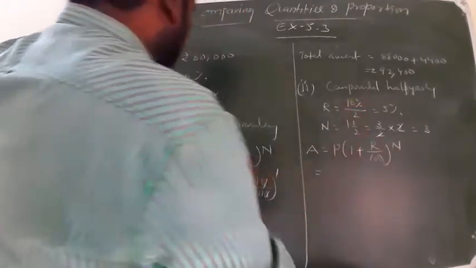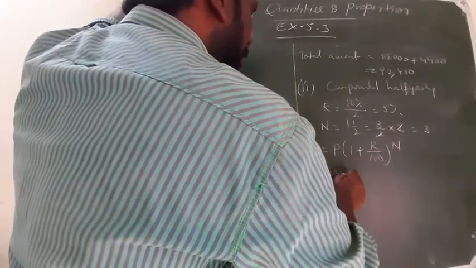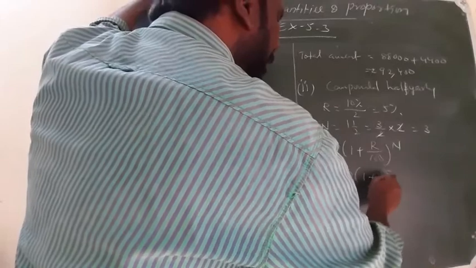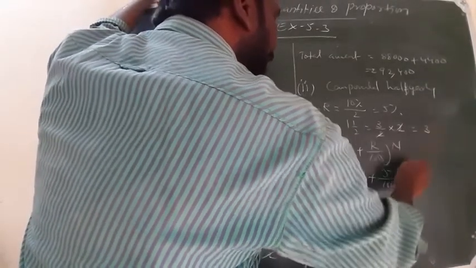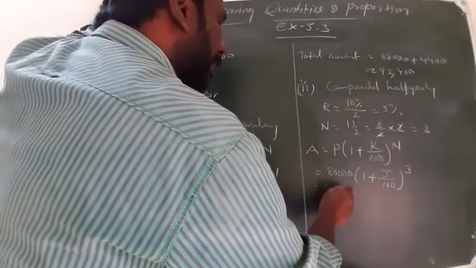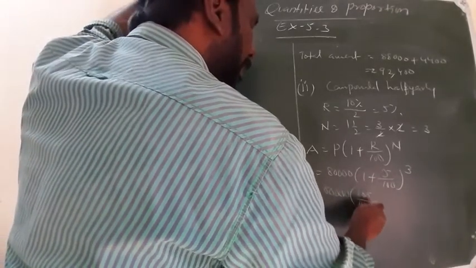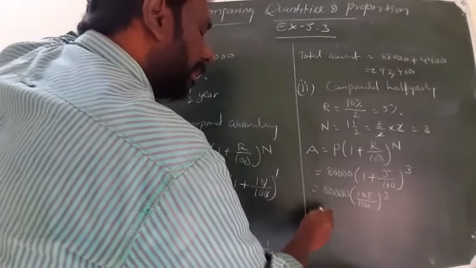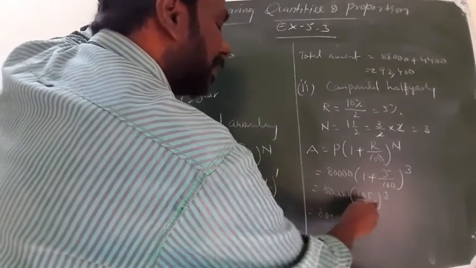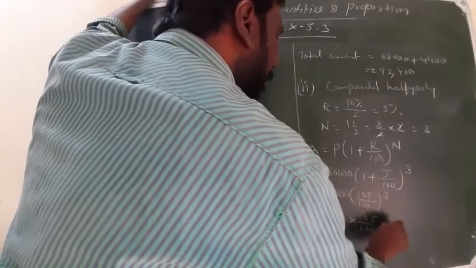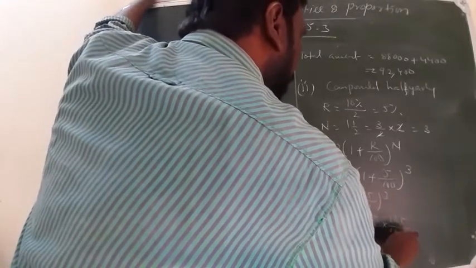Here principal is 80,000, 1 plus rate 5 by 100 whole power n, which is 3. 80,000, 100 plus 5, 105 by 100 whole power 3. That is 80,000 into 105 by 100 into 105 by 100 into 105 by 100.